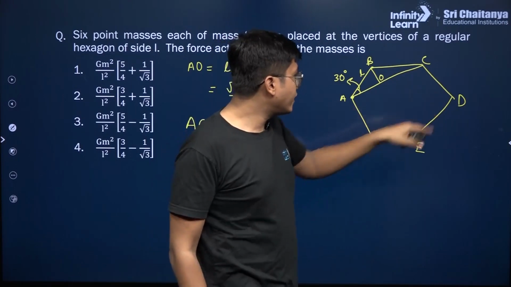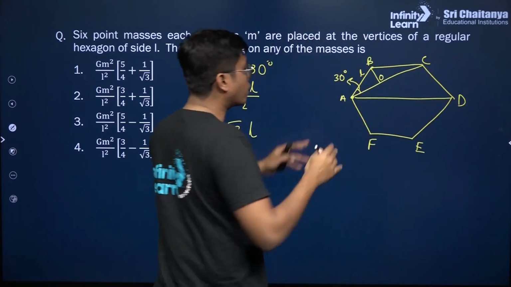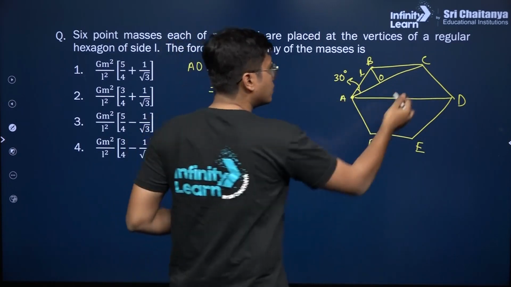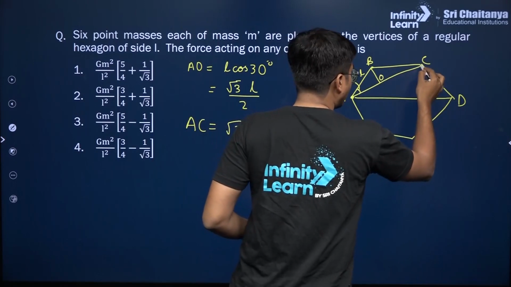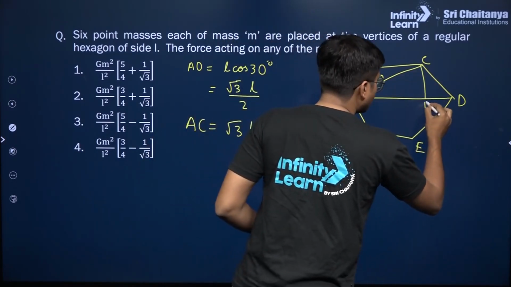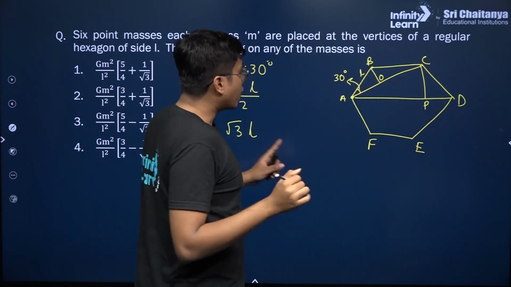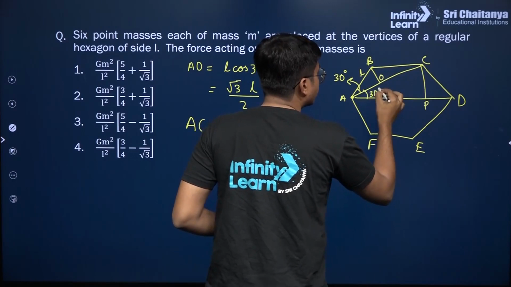We next need AD. For AD we need this length, and again we cannot get this directly because remember this is not 90 degree here, even though it might look like it. So the way to do that, again we draw a perpendicular on this and we call this point as point P. Now again this angle is also 30 degrees.